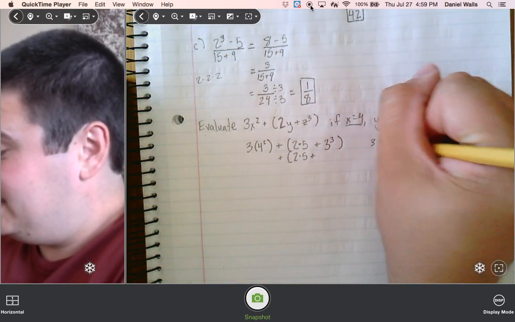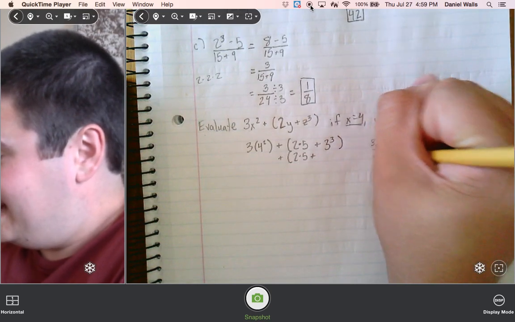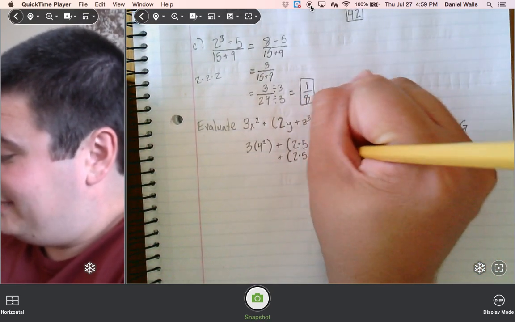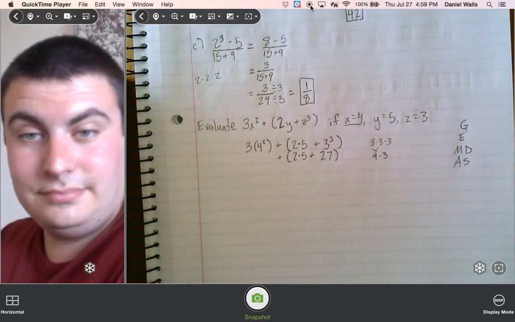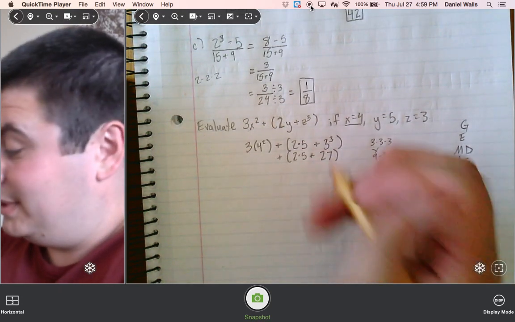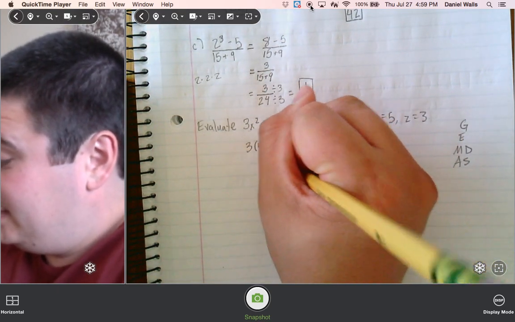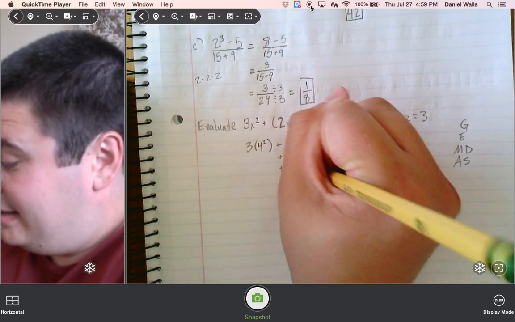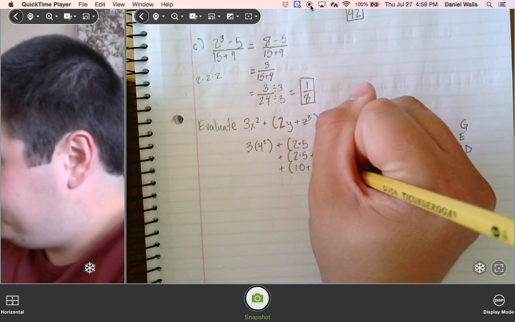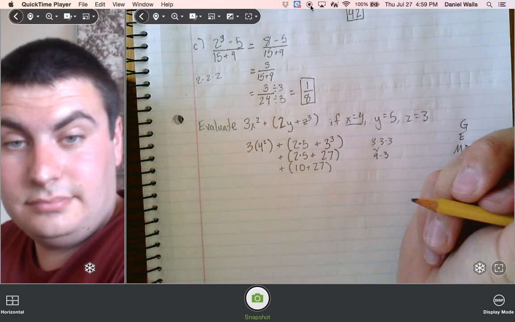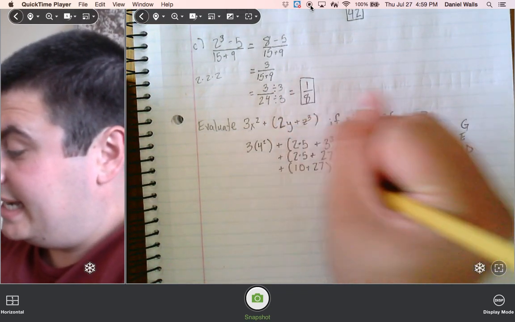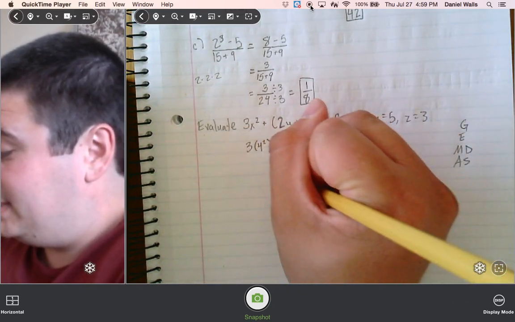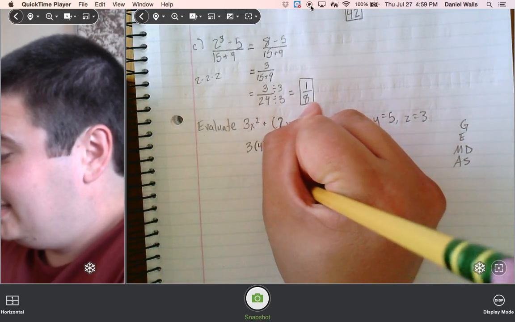So 3 times 3 times 3, that's 9 times 3, which is 27. Now inside our group, we're going to do our multiplication, so we'll have 10 plus 27. And then inside that group, 10 plus 27 is 37.